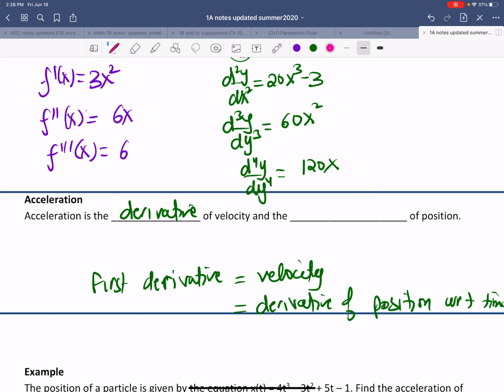And acceleration is the derivative of velocity, and that is the second derivative of position. So the second derivative of position is acceleration, which is the derivative of velocity.